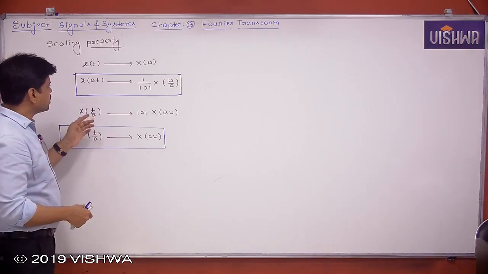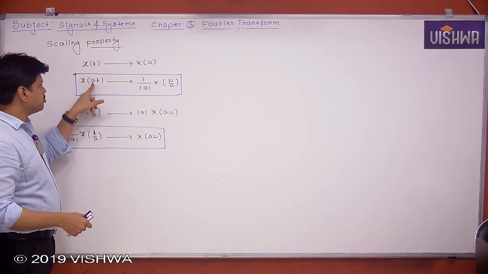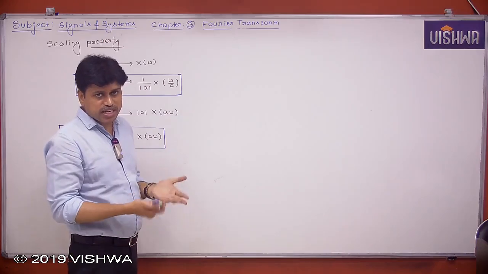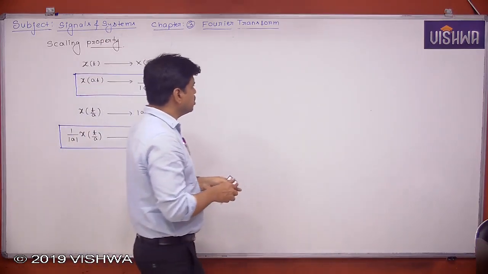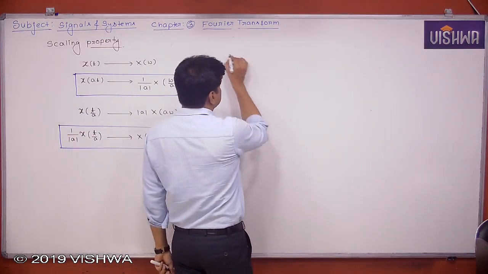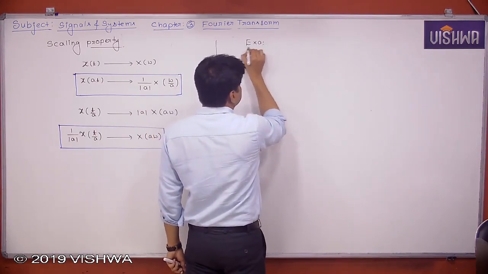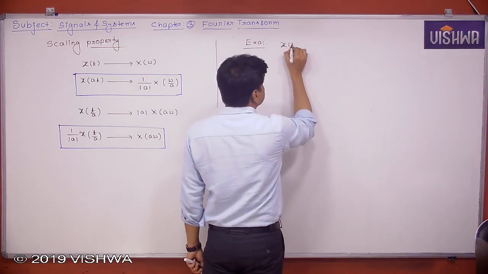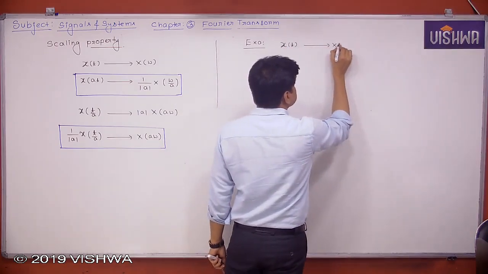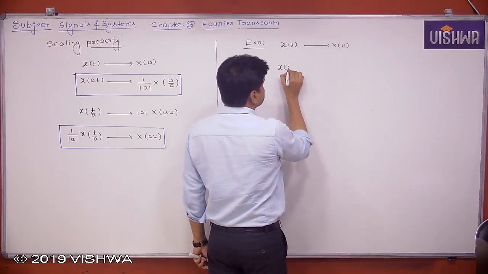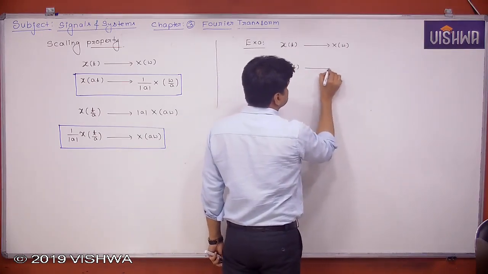Here, if you observe carefully, x of at means time scaling, and x of omega by a is nothing but frequency scaling. Let's say x of t has Fourier transform x of omega. What if I take x of 2t?